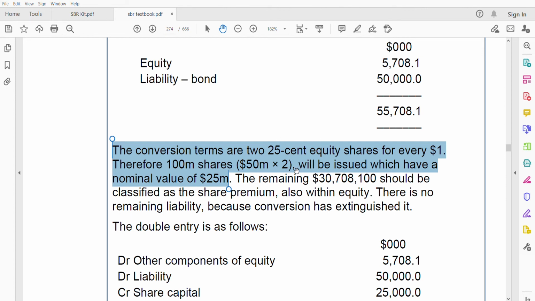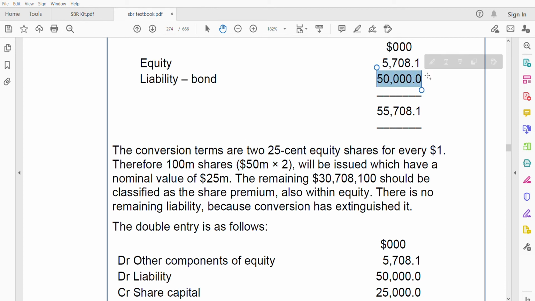So you are taking 2, 2 multiplied by 50, because 50 million is the value of the liability. That means how many? 100 million shares. Basically you are finding the number of shares now. How many shares will you get?